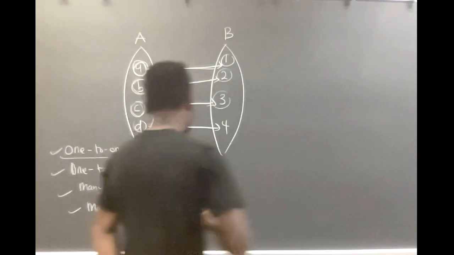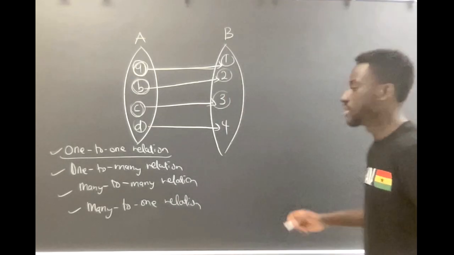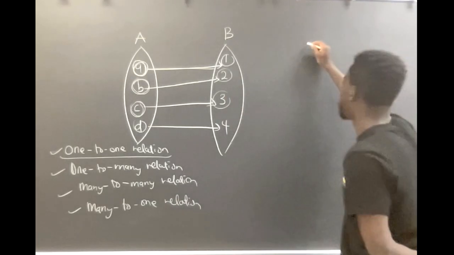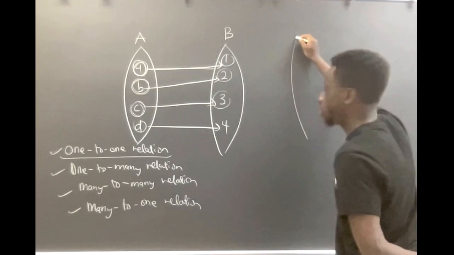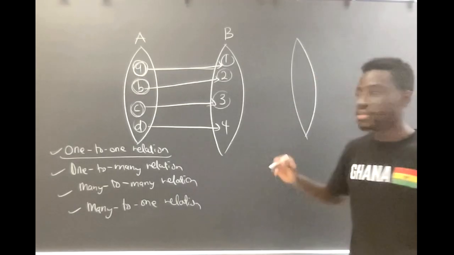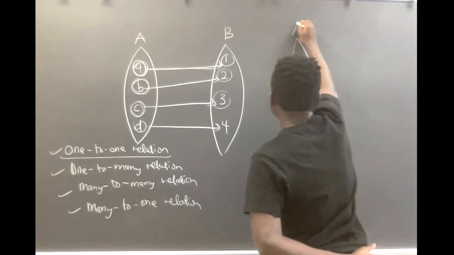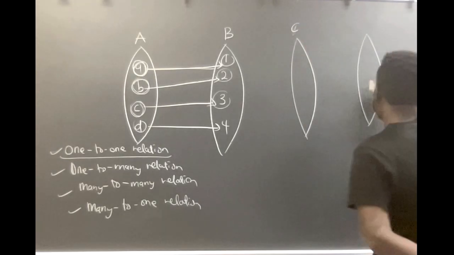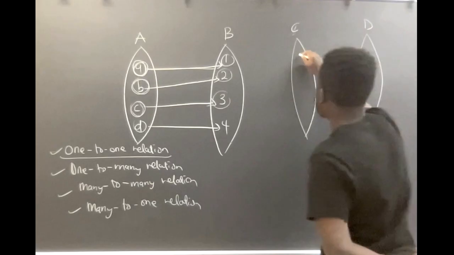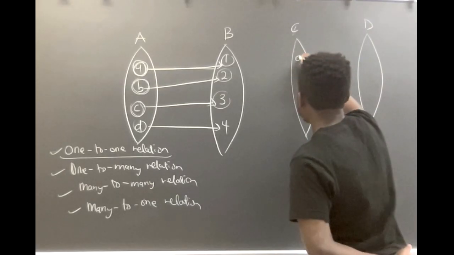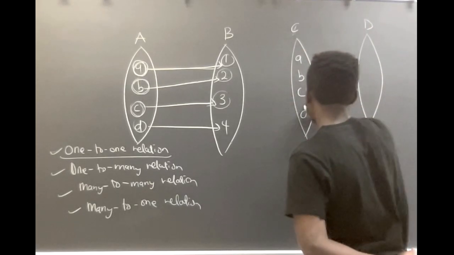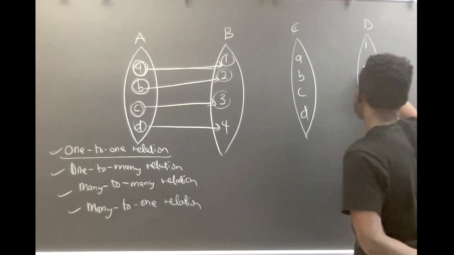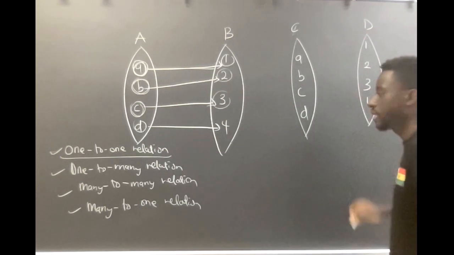Now the second type is the one-to-many relation. For a one-to-many relation, if this is set C and this is set D, we have, for example, A, B, C, D and 1, 2, 3, 4, right?